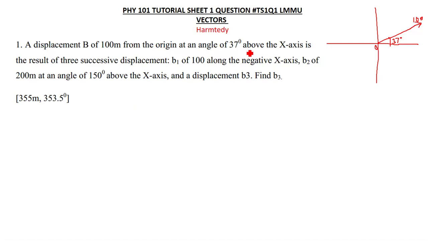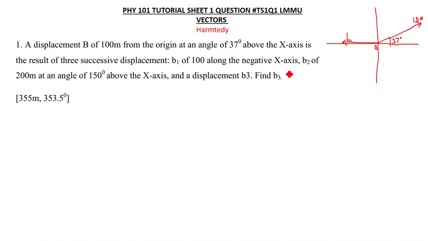So we have 3 successive displacements, which are b1, and b1 has been said to be along the negative x-axis. So just draw it a little bit on top of the x-axis like that. So b1 is along the negative x-axis, meaning the angle of this b1 is 0 degrees.